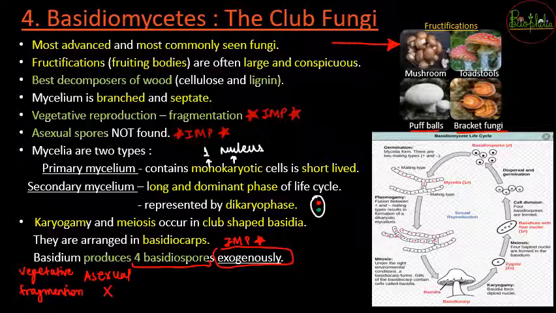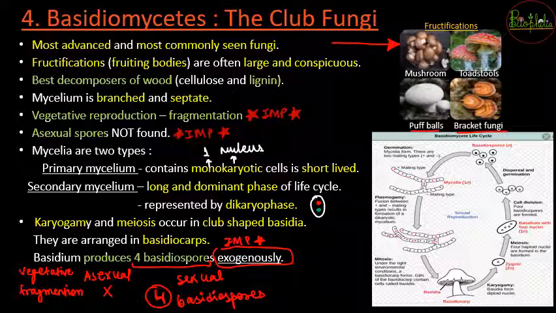And regarding sexual phase, there is going to be production of basidiospores. So ये जो basidiospores form होते हैं, they are going to be 4 in number. जबकि अगर Zygomycetes से compare किया जाए, so they were 4 to 8 in number. But basidiospores are going to be 4 in number.